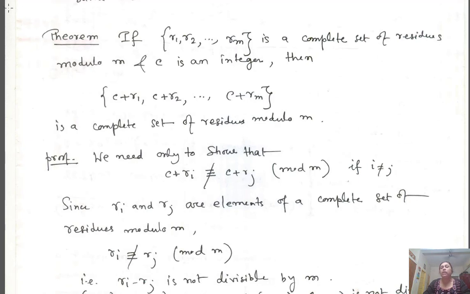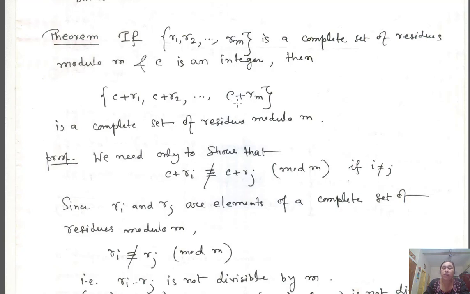Okay, so given a complete set of residues modulo M, if you shift every element by the same amount C, then it is also a complete residue system modulo M. What about the product? Given a complete set of residues modulo M, instead of addition I'm now considering scalar multiplication: CR1, CR2, up to CRm.